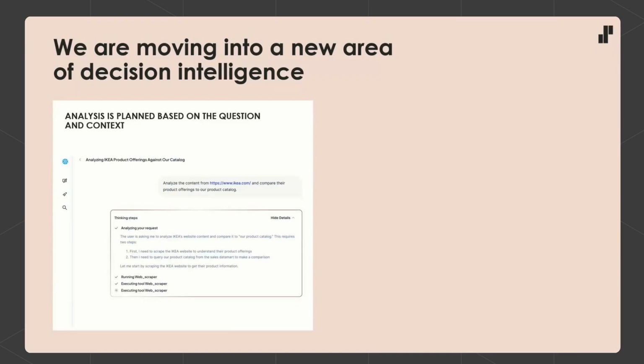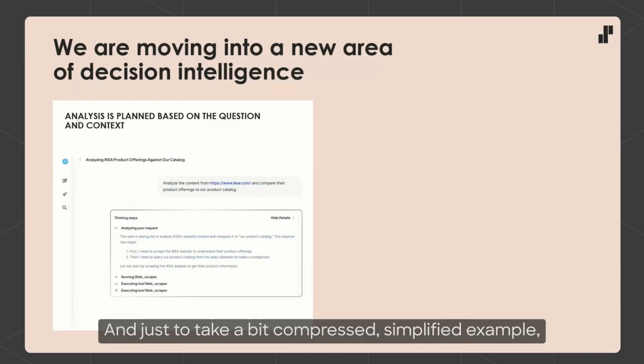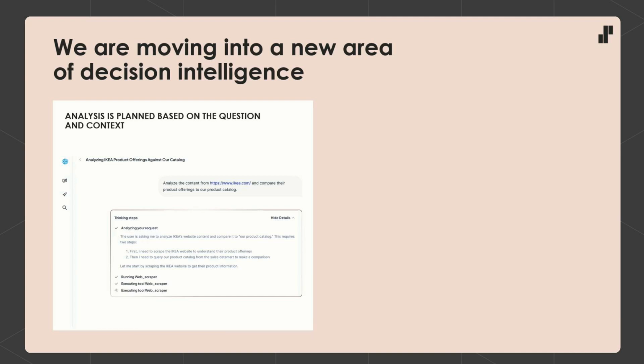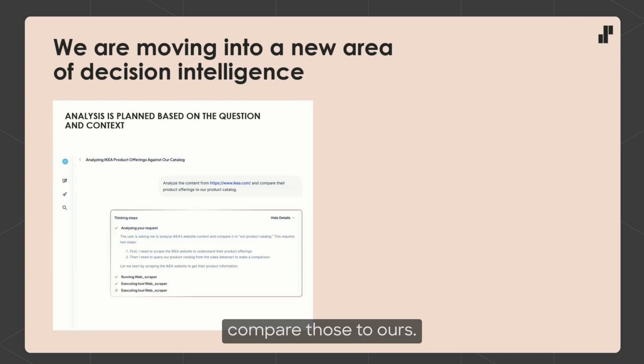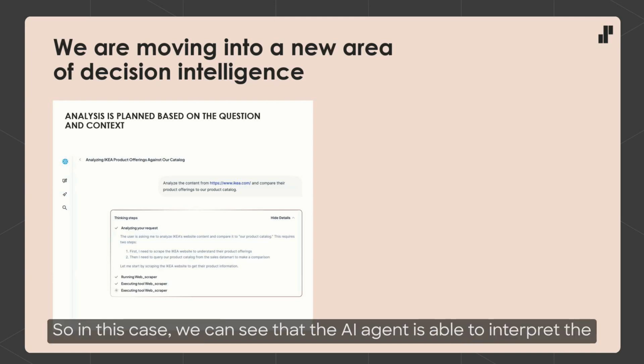And just to take a bit compressed, simplified example, we are here looking at an example where we ask AI to analyze IKEA's product offerings and compare those to ours. So in this case, we can see that the AI agent is able to interpret the question and then to divide the task into two subtasks.